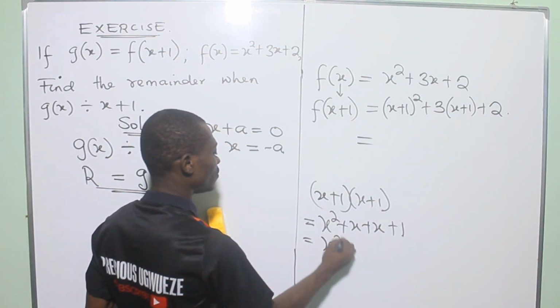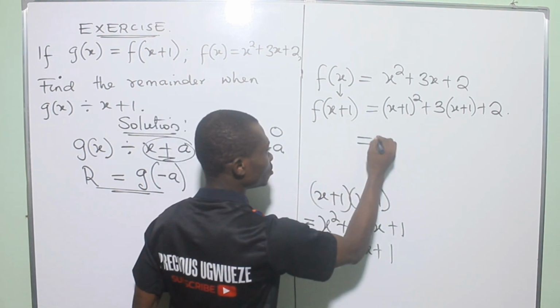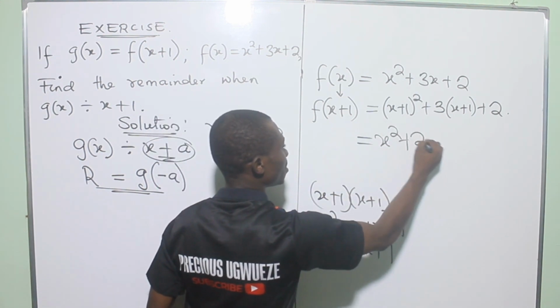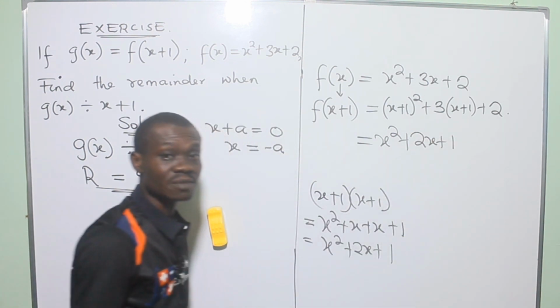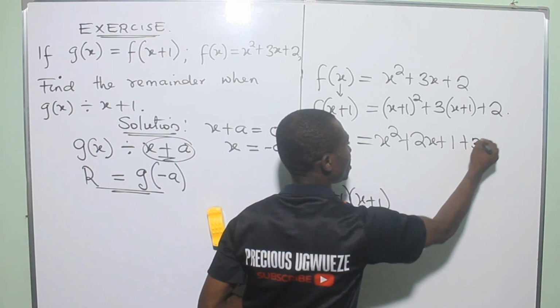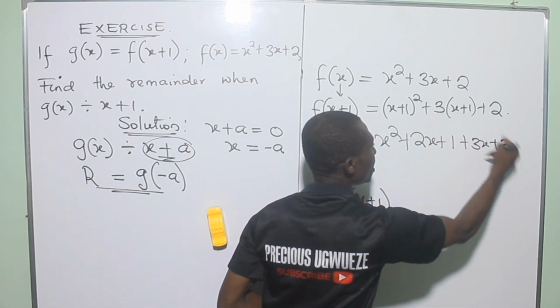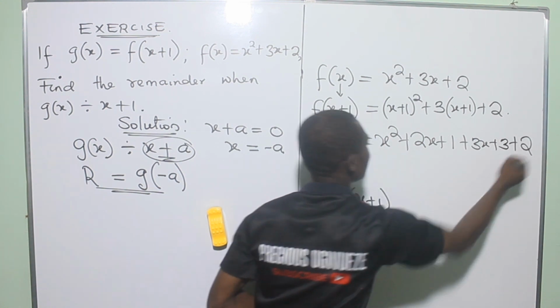So this will give us x squared plus 2x plus 1. I will use that to replace this. Then if I open this bracket, I will have 3x, that's 3 times x, and 3 times 1 will be 3. And finally, I'll bring down my plus 2.